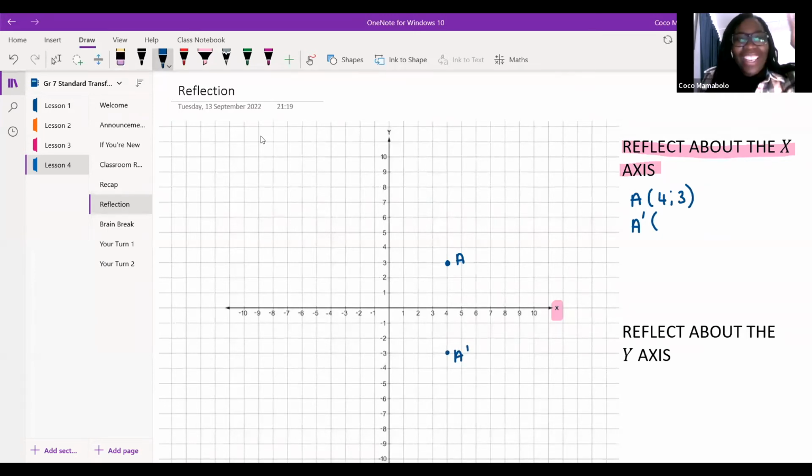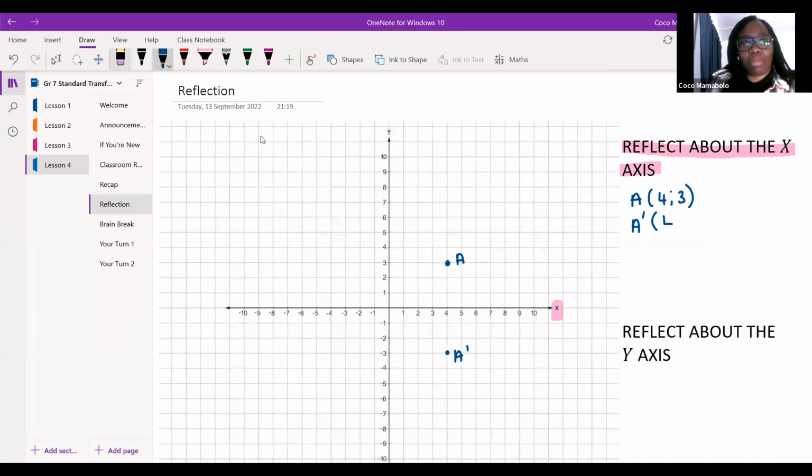There's A prime. Now give me the values for A prime. I'm sorry, guys. Miss Coco is just not on her game today. Thank you, Eri. I didn't do it on purpose, guys. There we go. Excellent, guys. It's 4 and -3.